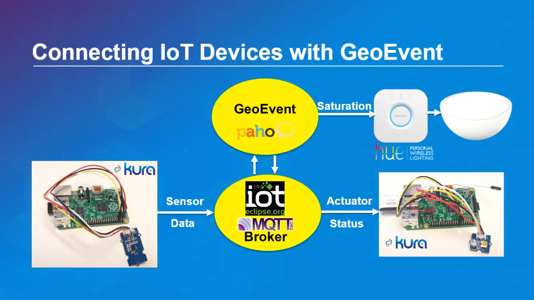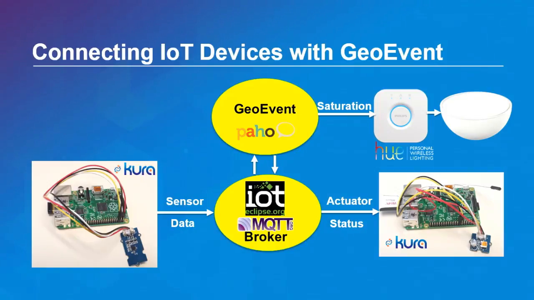And so here I have a Raspberry Pi that has a temperature sensor attached to it. And over there's another Raspberry Pi that has an LED light attached to it. Both devices have a wireless adapter on them, so they communicate with the internet.